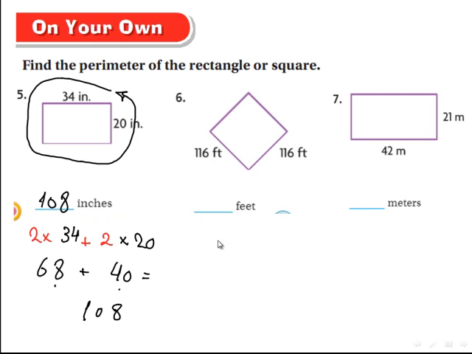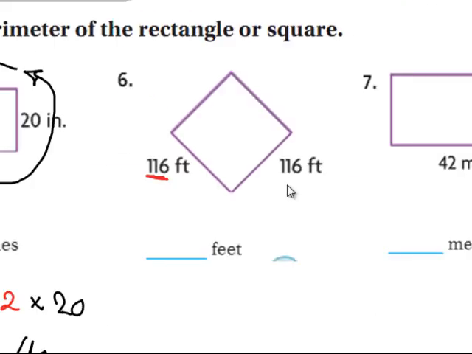Question 6. I have a square and its length is 116 feet. Alright, the same length here. You should apply your formula. 2 multiply what plus 2 multiply what?